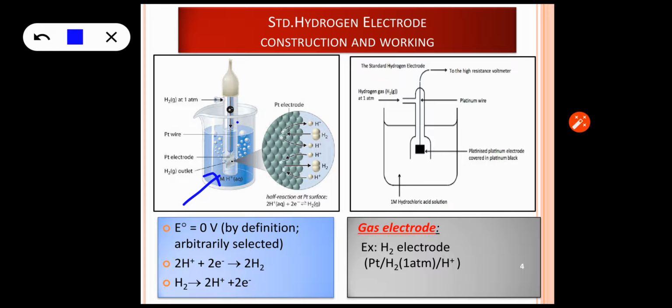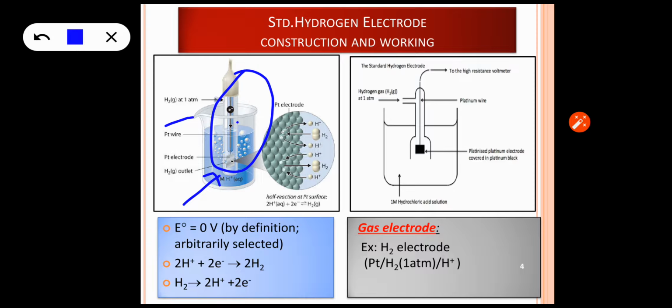The glass tube is covered by the bell-shaped outer jacket. It is also made up of the glass, and at the top, there is an inlet to supply or to bubble the hydrogen gas of 1 atmospheric pressure.